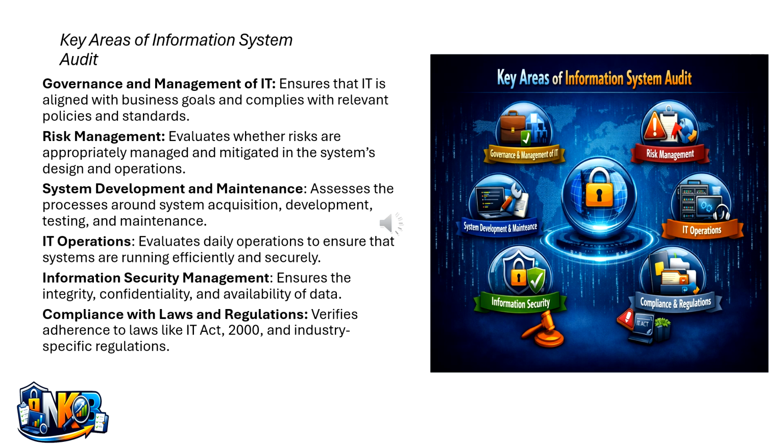This is about protecting the integrity, confidentiality, and availability of the core information data. And finally, compliance with laws and regulations. Auditors verify adherence to legal requirements such as the IT Act 2000 or industry-specific regulations. Together, these areas provide a complete picture of how well an organization's information systems are governed, protected, and aligned with its objectives.